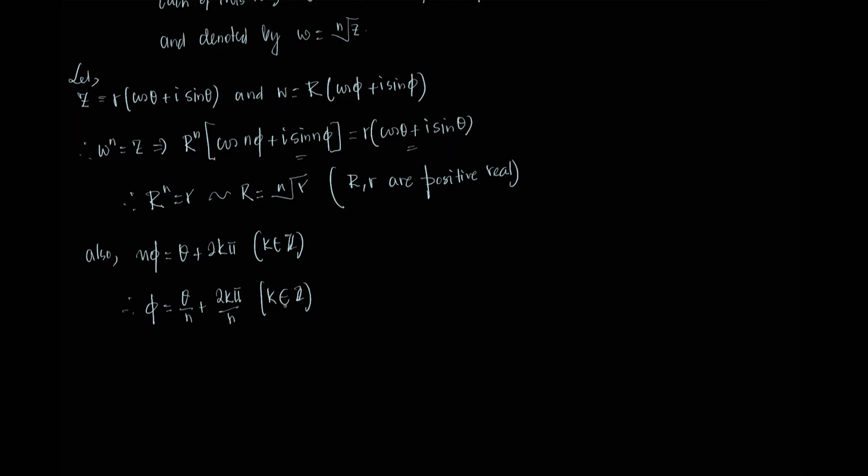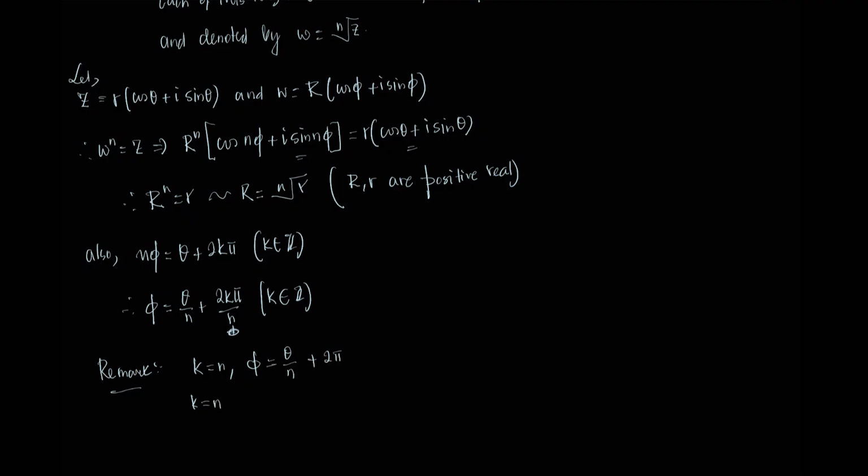Now if k is in Z, after n, this is a small remark. If you take k equals n, phi becomes theta by n plus 2 pi.